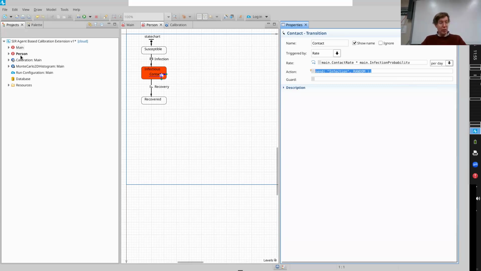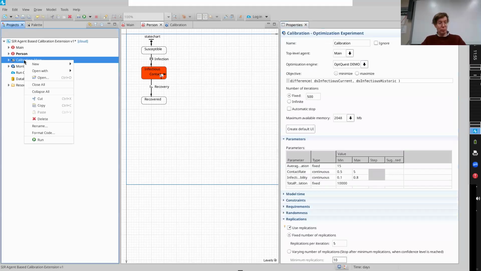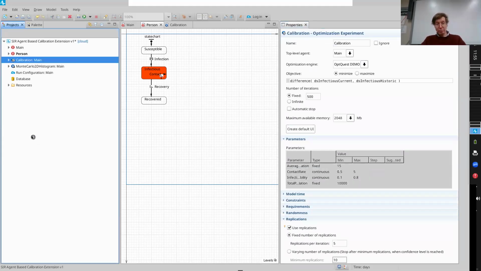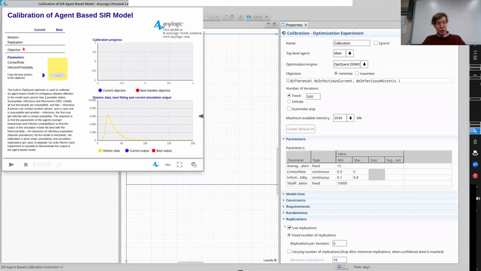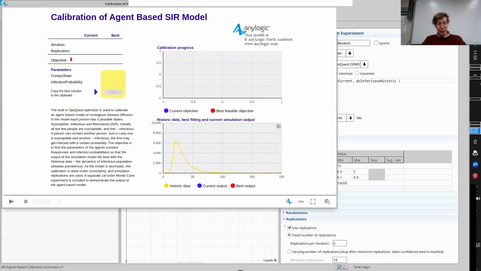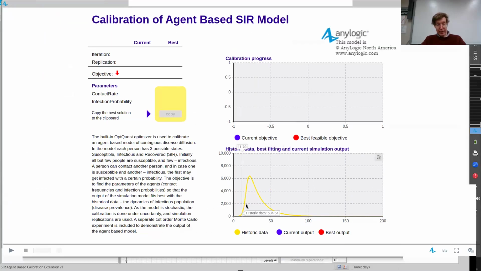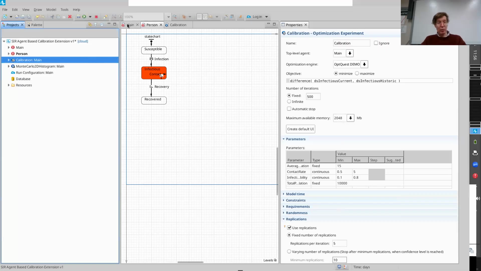Okay, so let's go try running this model. We'll actually see the calibration taking place. Let us first reflect on the fact that this yellow sequence is the historic data. That's exactly what we were looking at earlier, right?